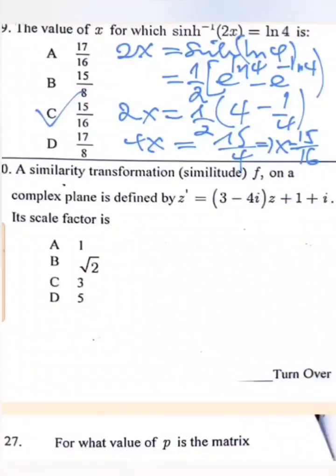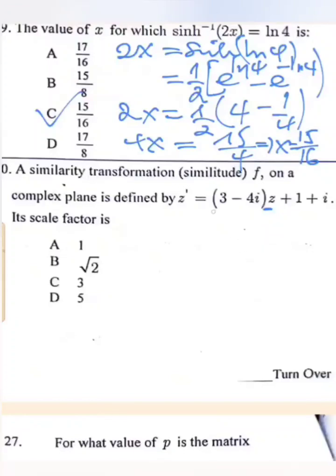In number 20, a similarity transformation or a similitude f on a complex plane is defined by z prime equals 3 minus 4i z plus 1 plus i. Its scale factor is, and we have these options. So generally, when you have a transformation or a similitude of this nature, the coefficient of z, if it is a real number, then its absolute value gives the scale factor.